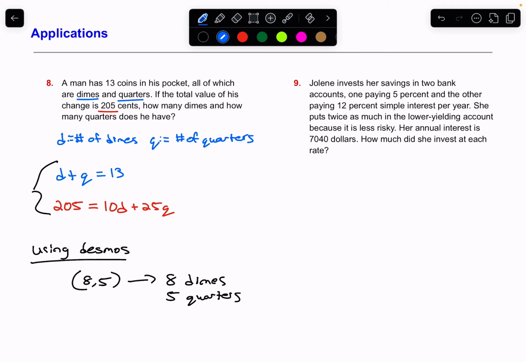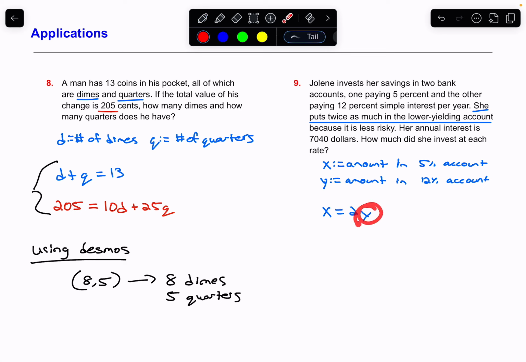Okay, so the easier equation right here is she puts twice as much in the lower yielding account. Okay, so if we let X represent amount in 5% account, so is the amount of money she puts in the first account, and Y represent the amount in the 12% account, then the fact that she puts twice as much in the lower yielding account means X is going to be equal to 2Y.